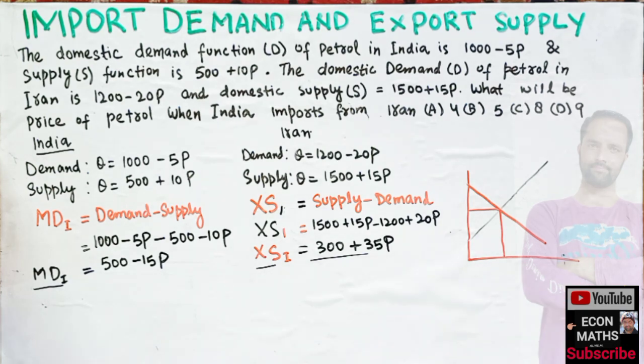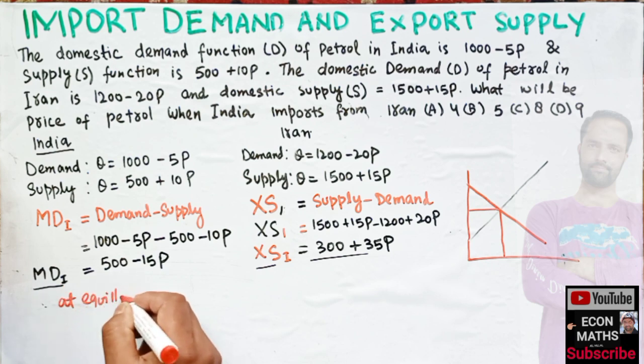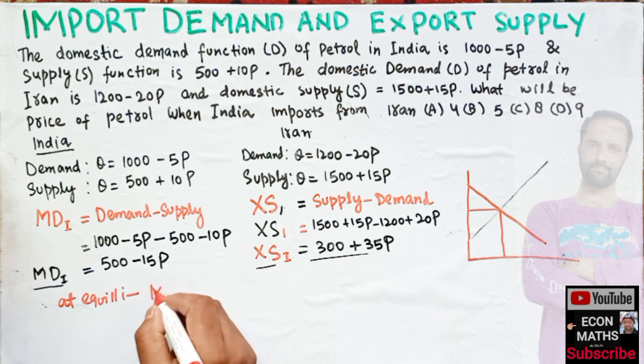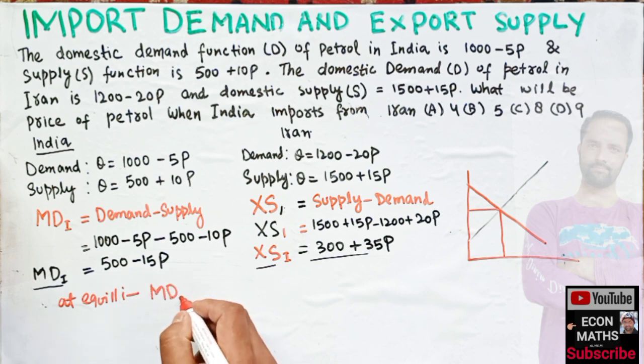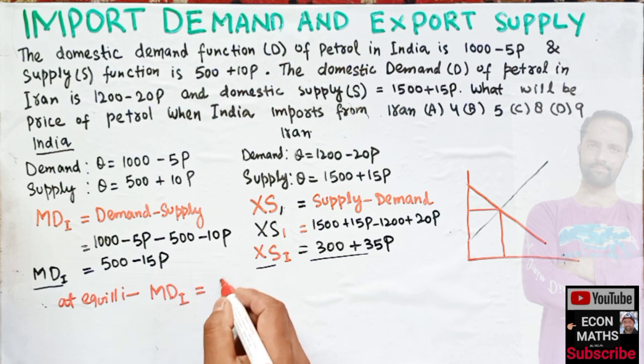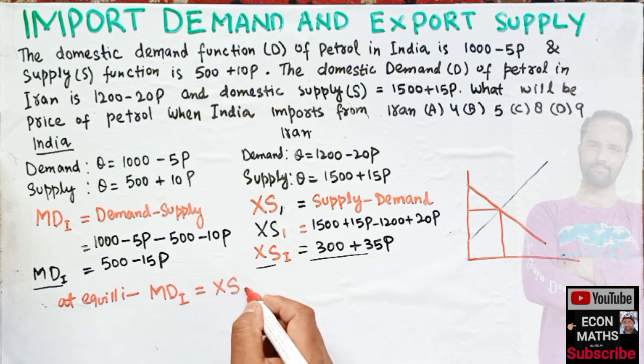So at equilibrium, our import demand schedule for India should be equal to the export supply schedule of Iran.